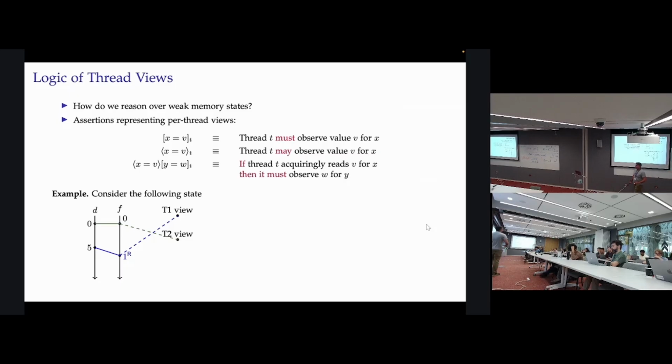T2, true or false? True. So they're both true in this case. So it could read 0, it could read 5, okay? But it doesn't read 7, okay?